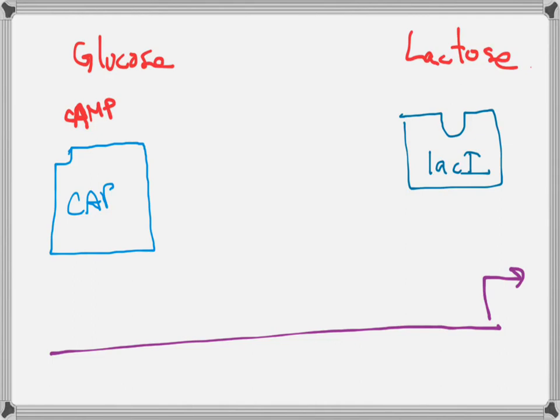We can think of these as two individual switches that are going to allow or prevent transcription from occurring. So if lactose is absent, LAC-I binds. Does this turn on, or does this prevent transcription from occurring?